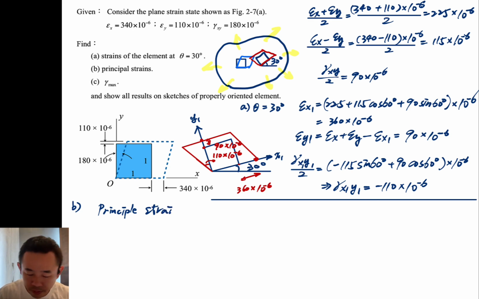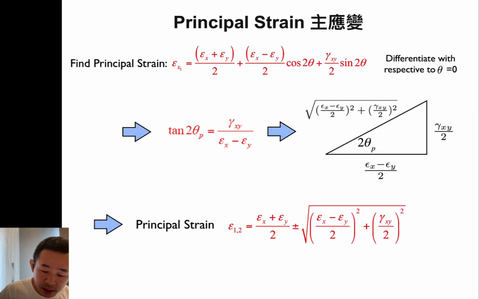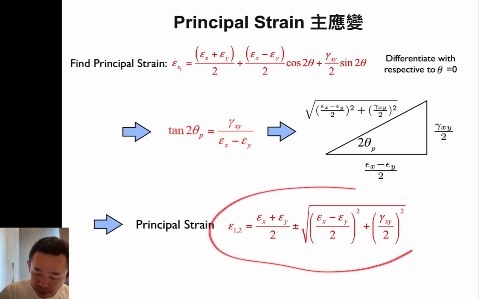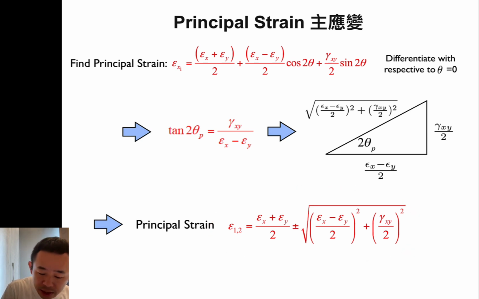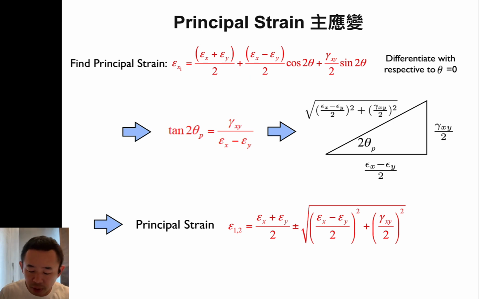Principal strains here. Because we know the principal strain equation, we set the differentiation equal to 0, and then we can obtain this tangent of 2 theta p, and then we can have the principal strain.